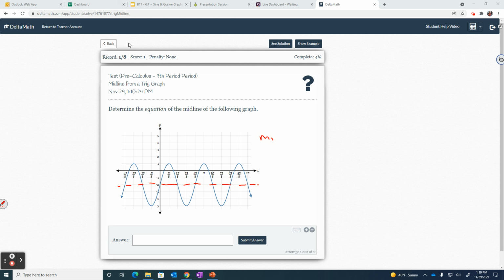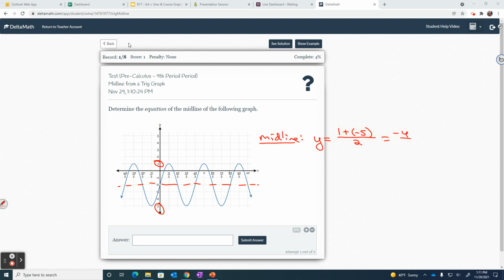If you're struggling with identifying it, you take the top number, the highest one, which is 1, and the lowest one, which is -5. You add them together and divide by 2. So 1 plus -5, divided by 2. Your biggest plus your smallest, you're picking the average of the 2.